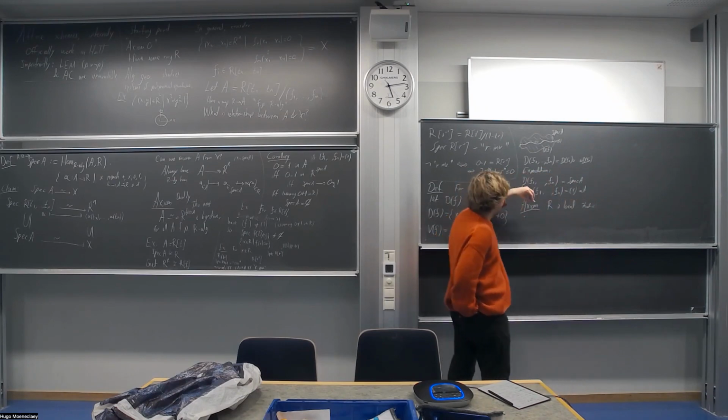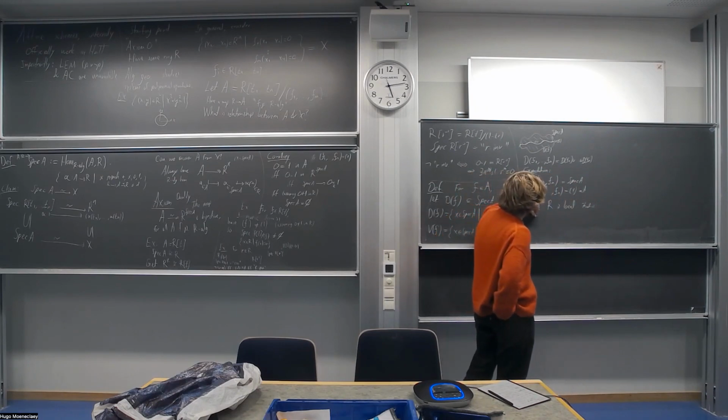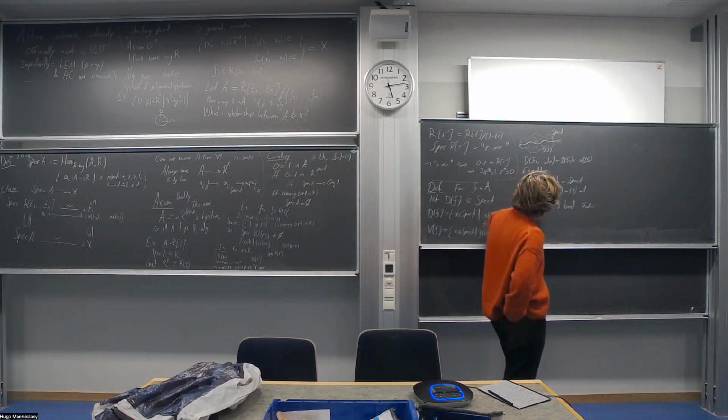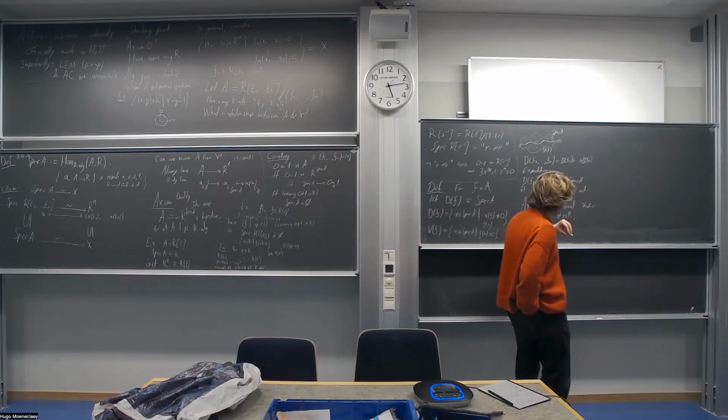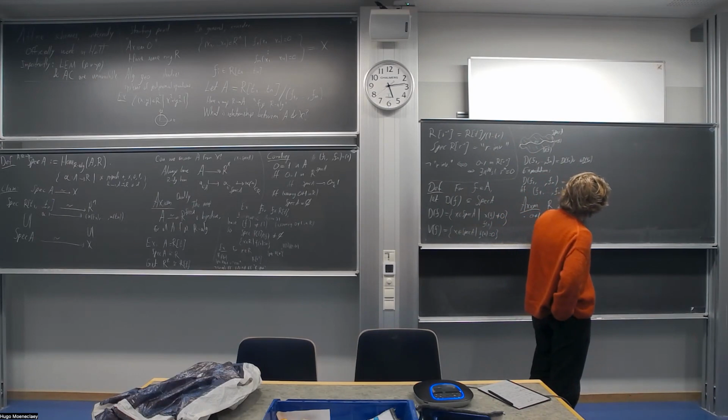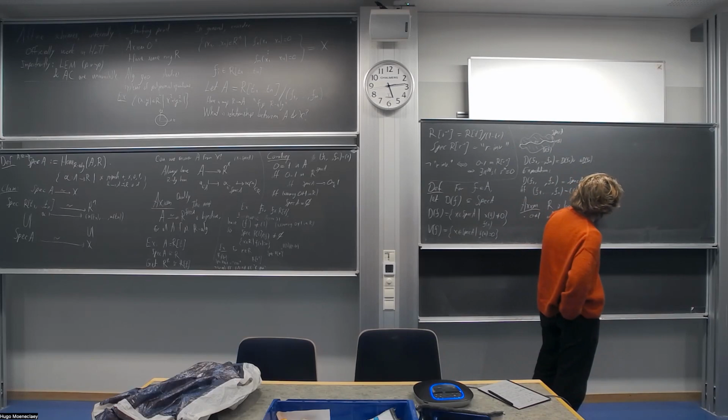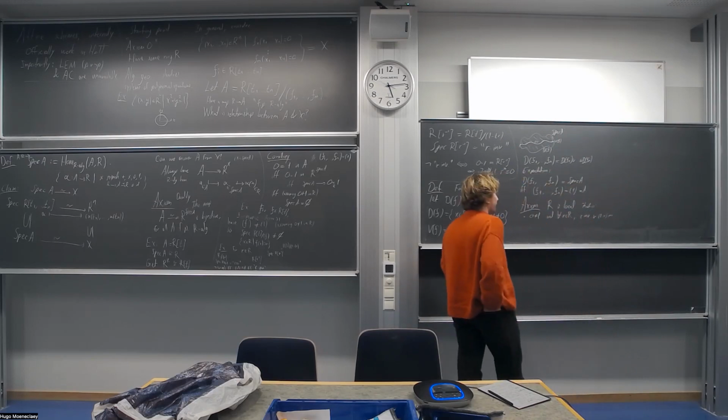It means that 0 is not 1, and for any r in R, either r is invertible or 1 minus r is. So this is one way of saying what it means to be local.